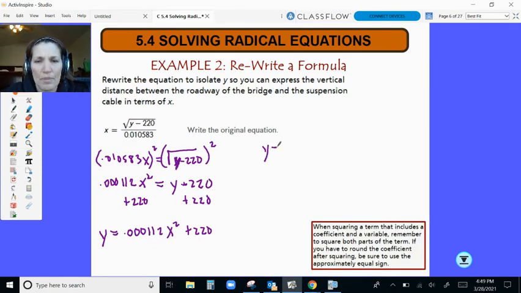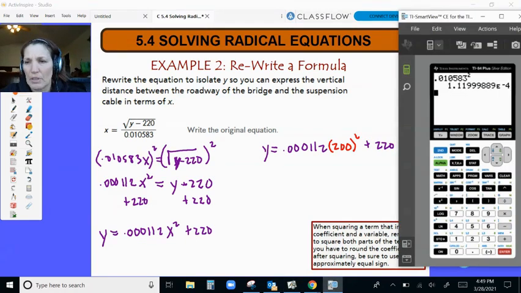Okay, so y equals 0.000112, and now we're going to plug in 200 squared for x, plus 220. So we're going to take our answer... Oh, we can't do that.